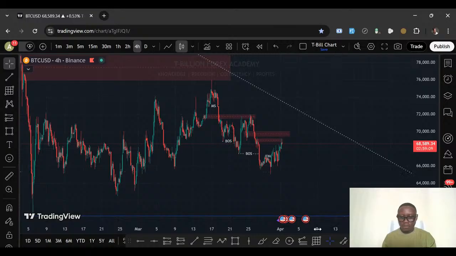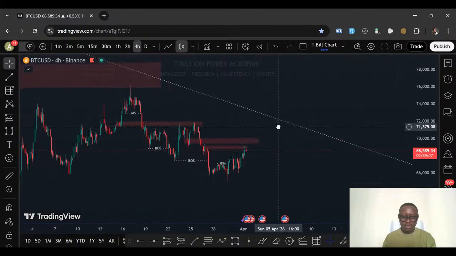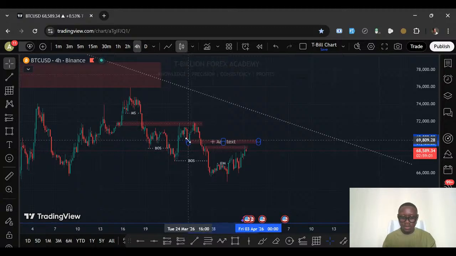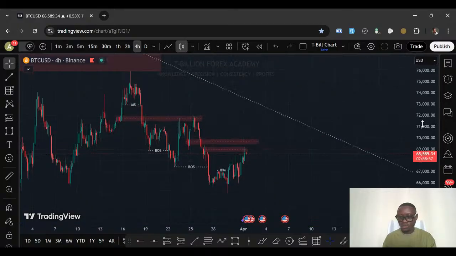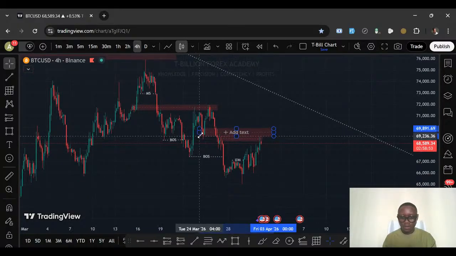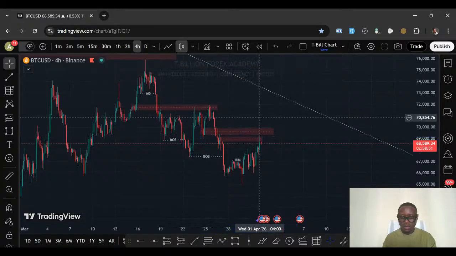So now we got two zones where we are anticipating BTC to give us our sell move.